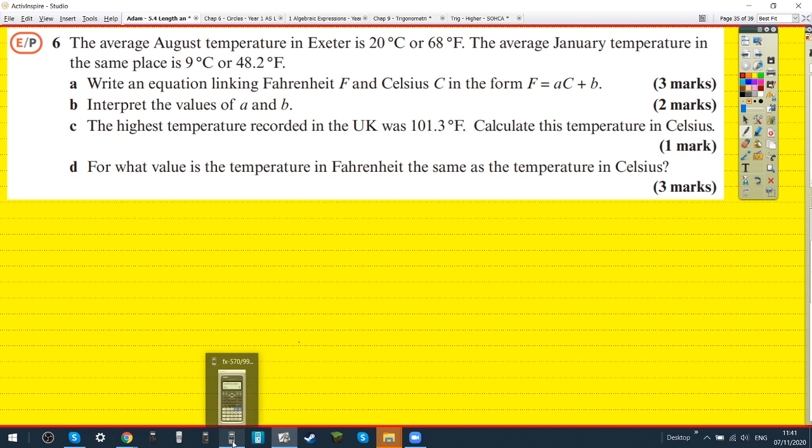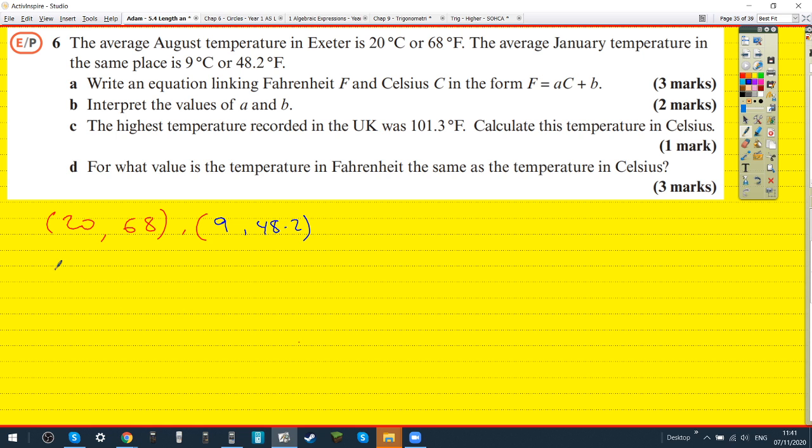Yeah, go on. Okay. First one's 20m plus c equals 68. And the second one is 9m plus c equals 48.2.